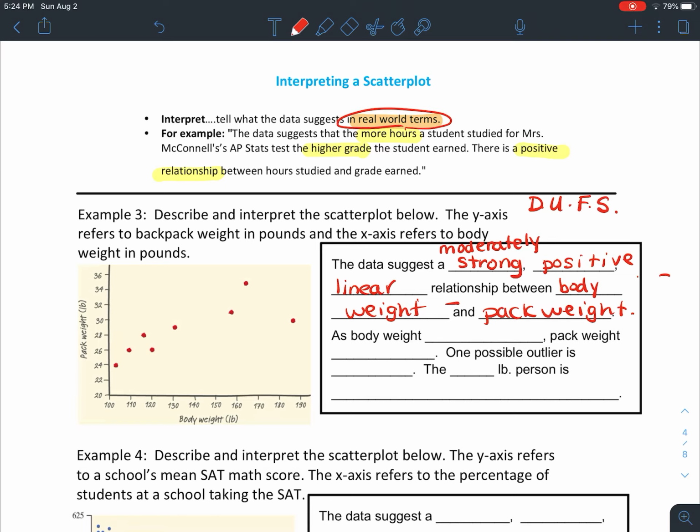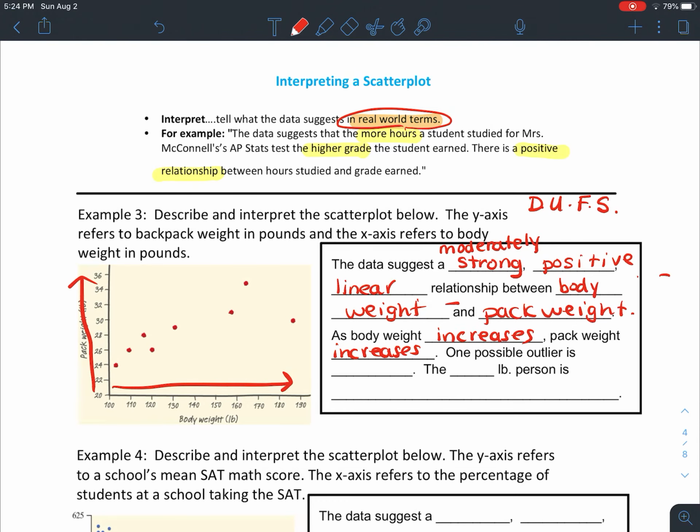And then here's me putting this in real world terms. As the body weight increases, so we're talking about as we move this direction on the x-axis, the pack weight increases. I see in my scatter plot that as I move farther to the right, the points are also rising up.